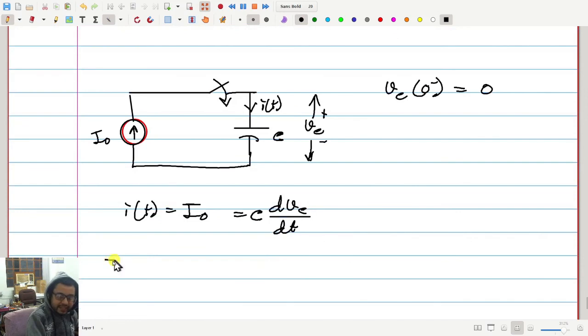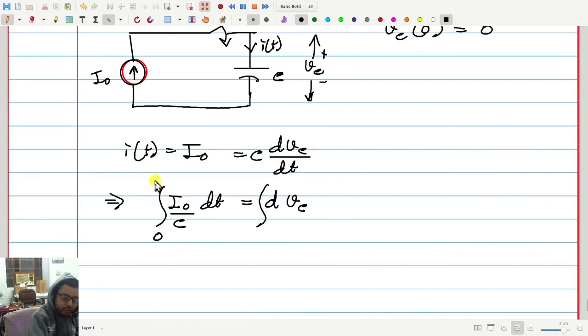Now you can integrate I naught dt, and on the right side, let me bring C here, dVc. You integrate from time 0 to t, with the same limits on both sides. I naught by C is a constant.